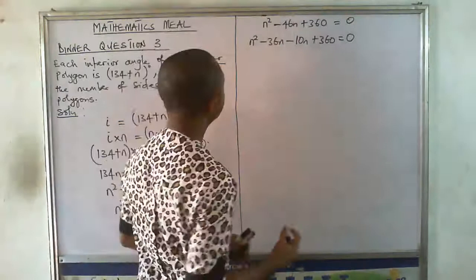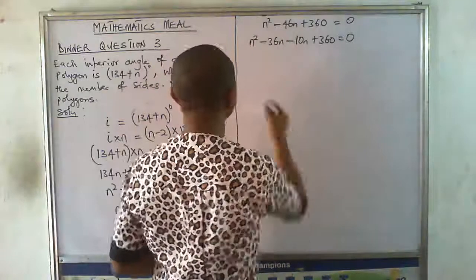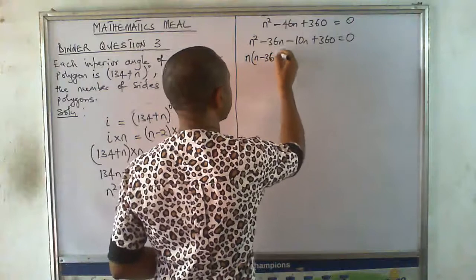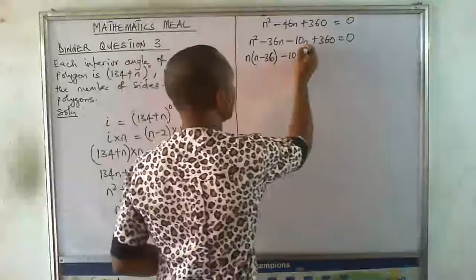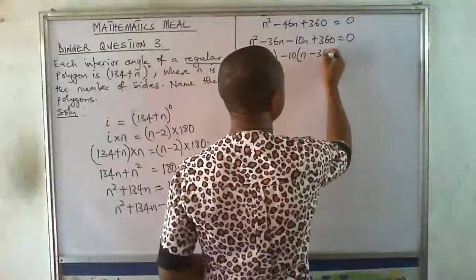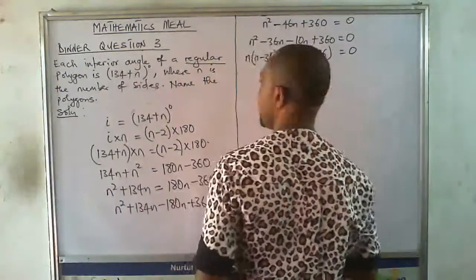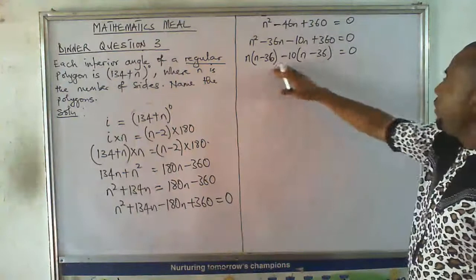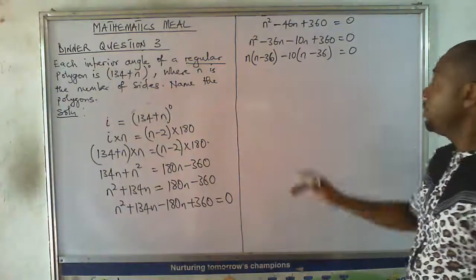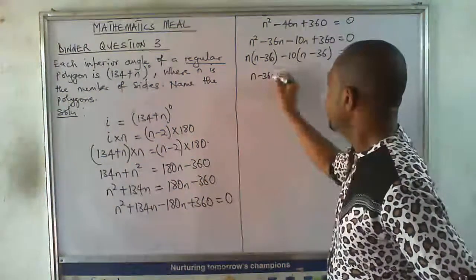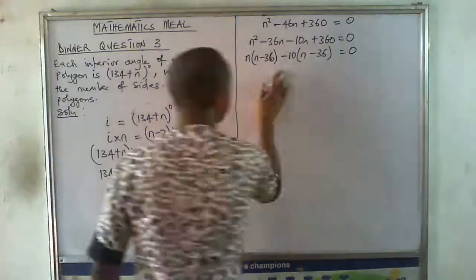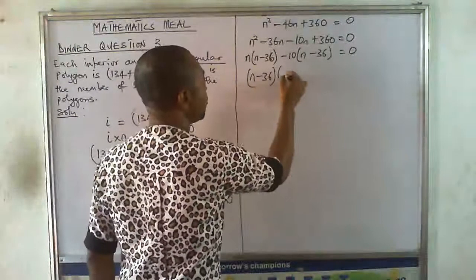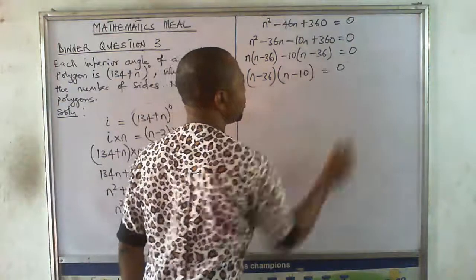If we do that, we have n into n minus 36, then minus 10 common, n minus 36, equals 0. Now we have n minus 36 as a common factor, so that gives us n minus 36, and what remains is n minus 10, equals 0.